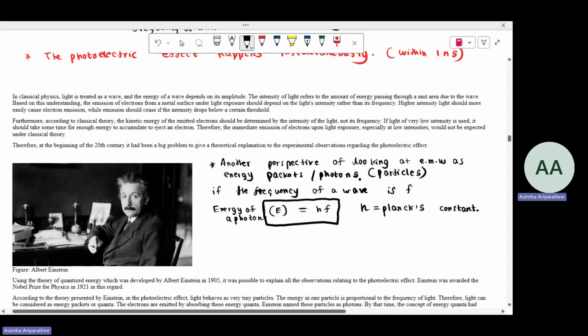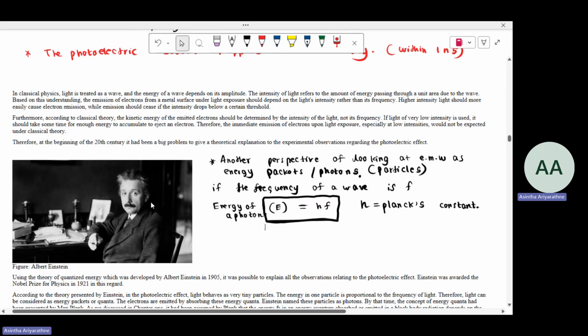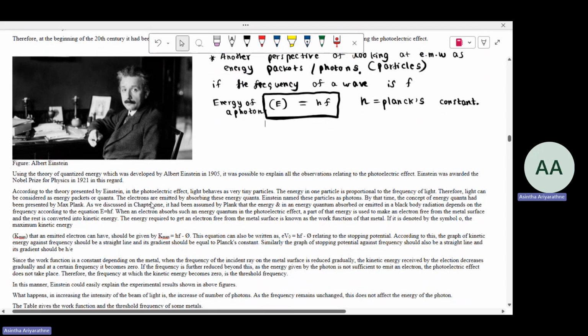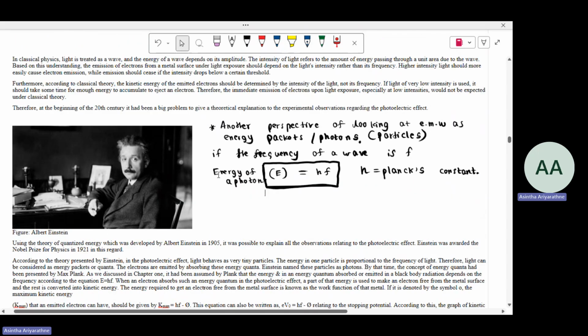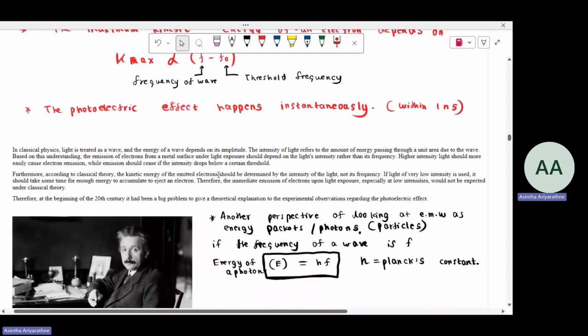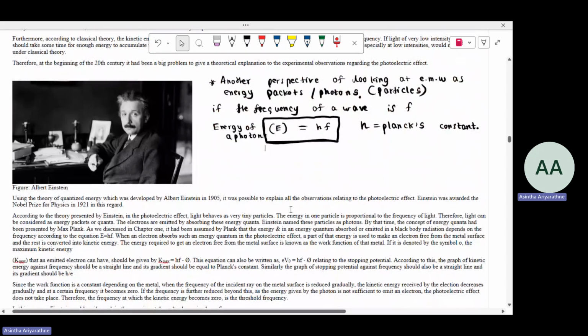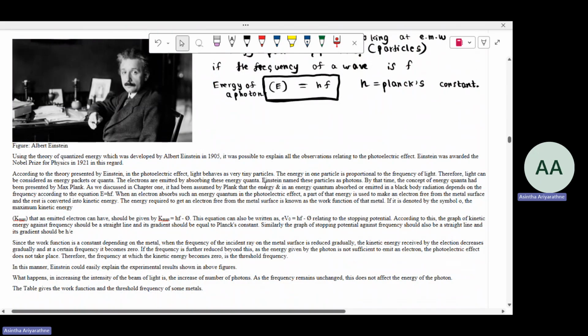By building on this basic finding of Max Planck's, Einstein came up with an explanation for the photoelectric effect, and he got the Nobel Prize in 1921 for this finding.